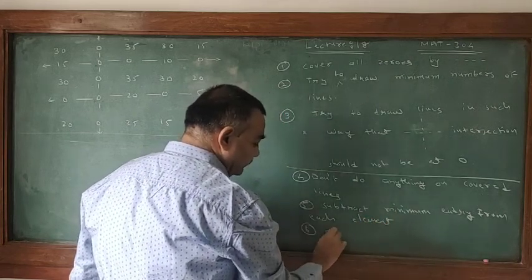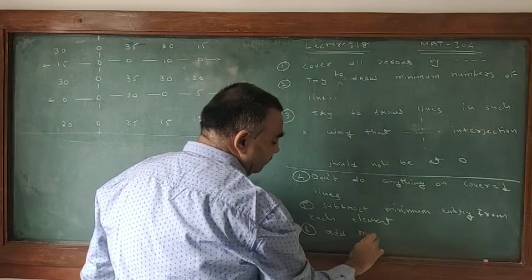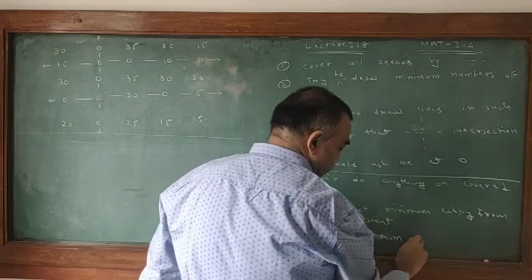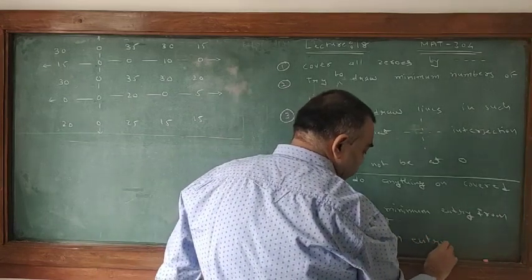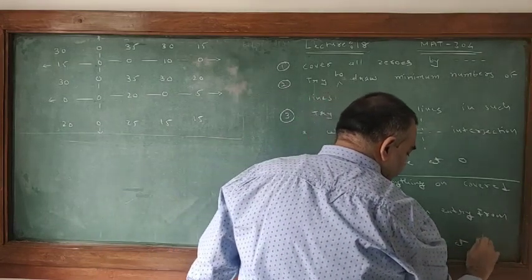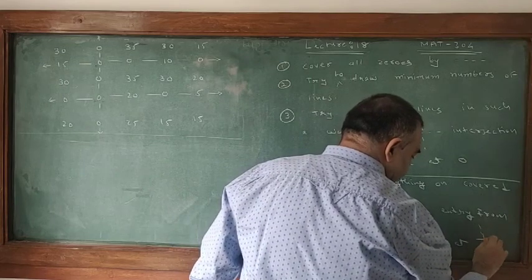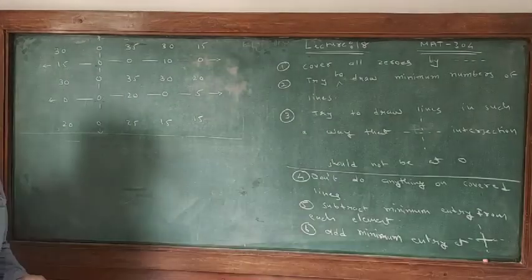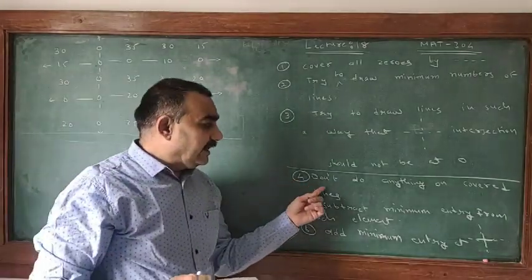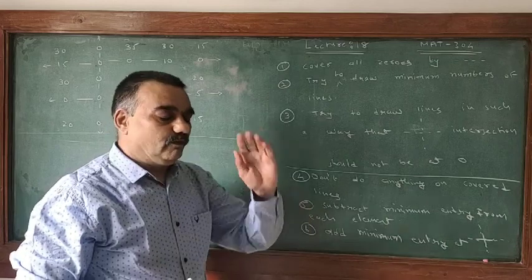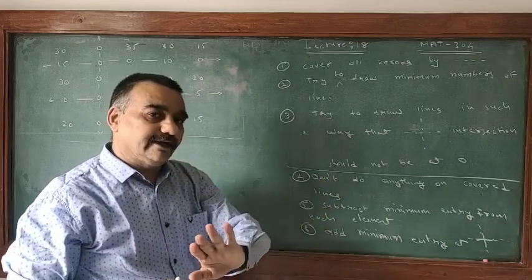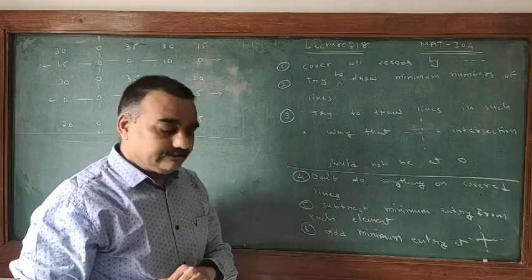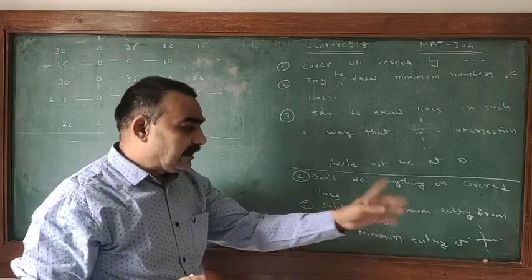Add minimum entry at intersection. Don't do anything on covered lines; what we don't want to do, I will explain. Subtract minimum entry from each element. Add minimum entry at intersection.